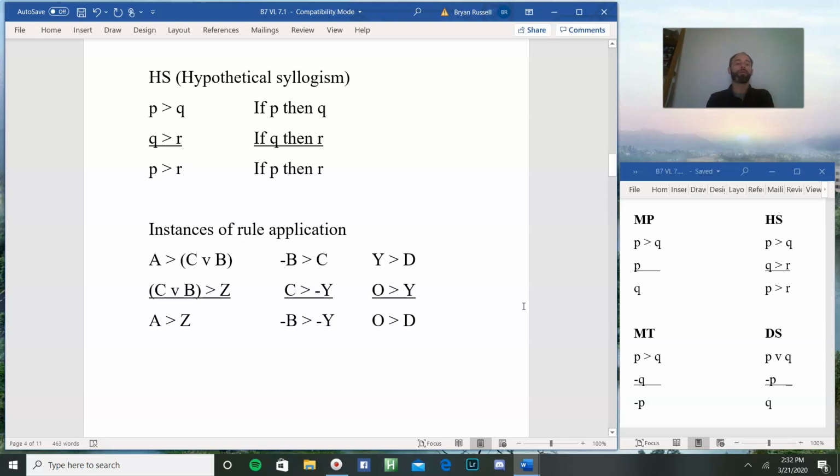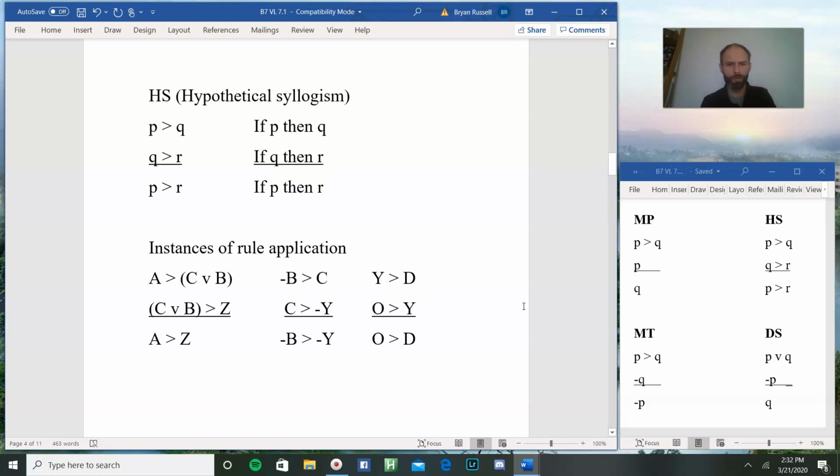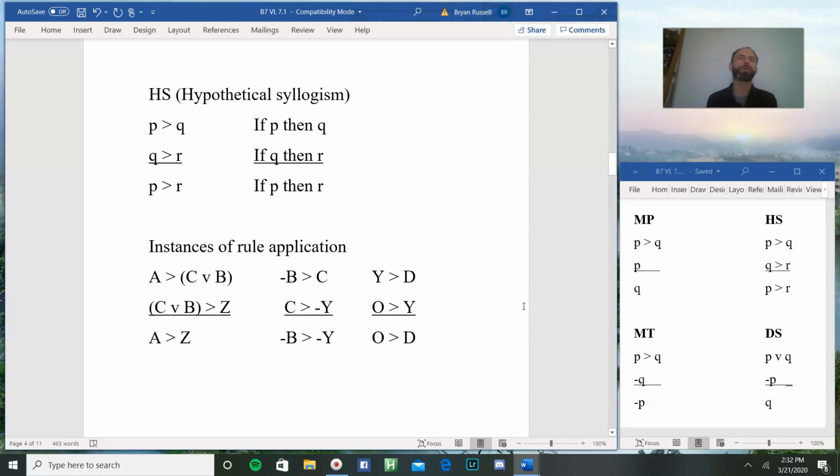All right. The next rule, and the most difficult for me in this chapter, but the more practice you get with it, the easier it will become, is hypothetical syllogism, so HS for short.